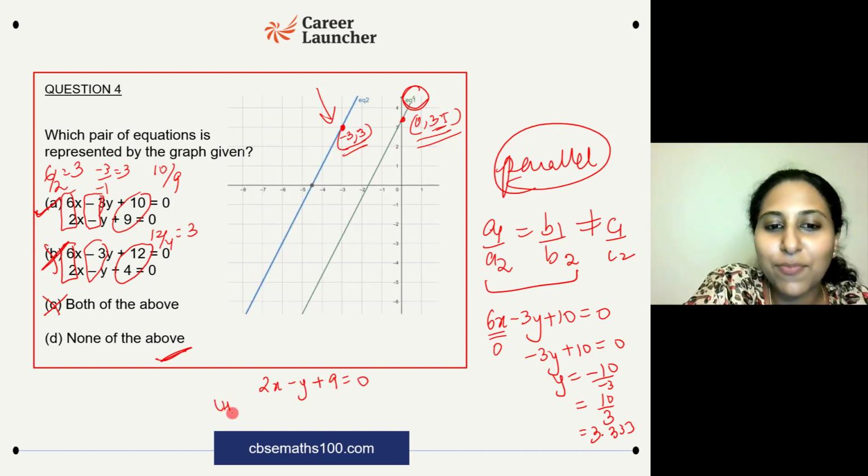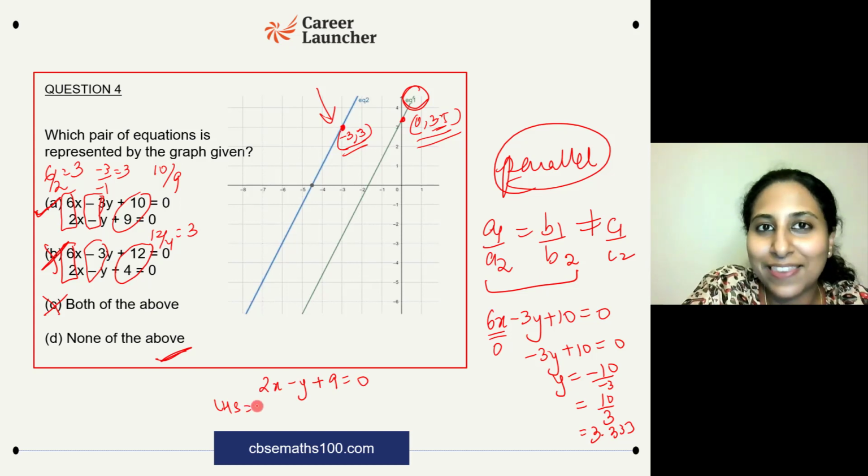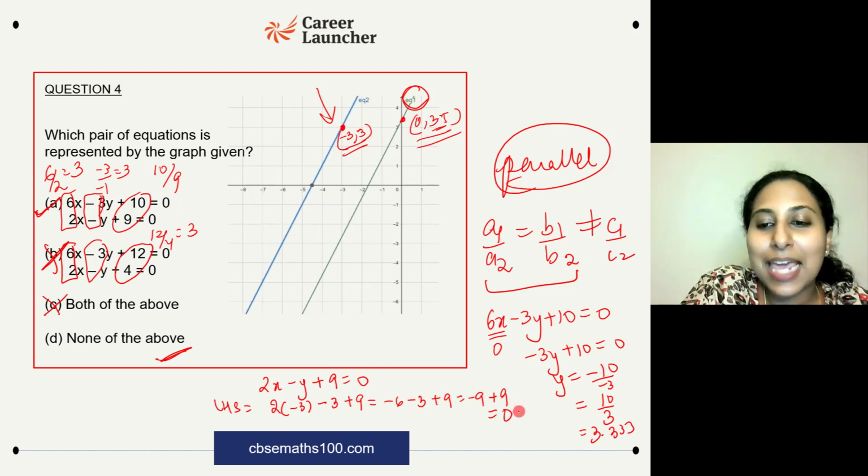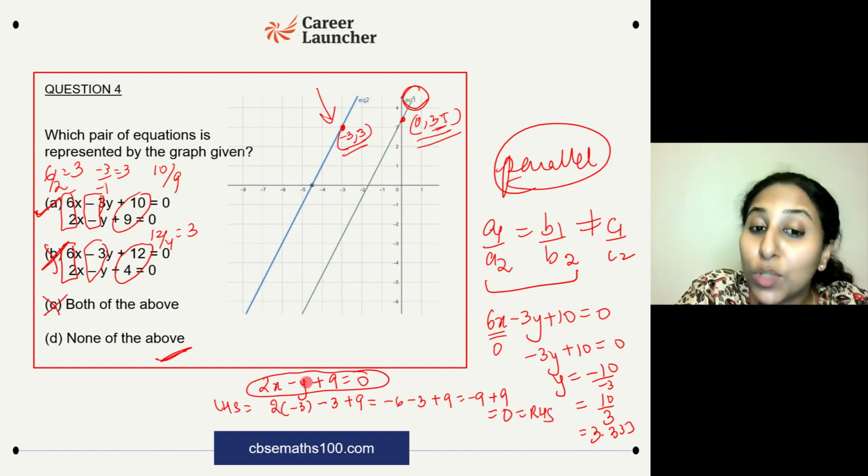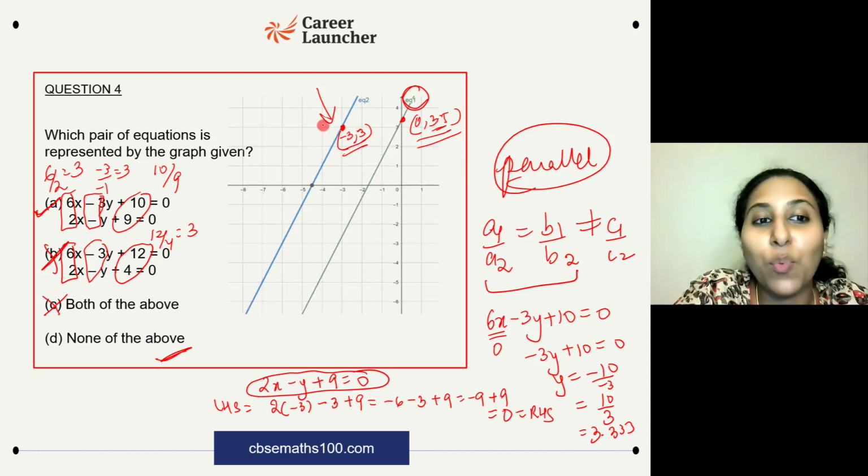So the LHS, when we substitute minus 3 and 3, will be 2 into minus 3, minus 3, plus 9. This is minus 6 minus 3 plus 9, or minus 9 plus 9, which is 0. Same as the RHS of this equation, which means that this point satisfies the second equation.